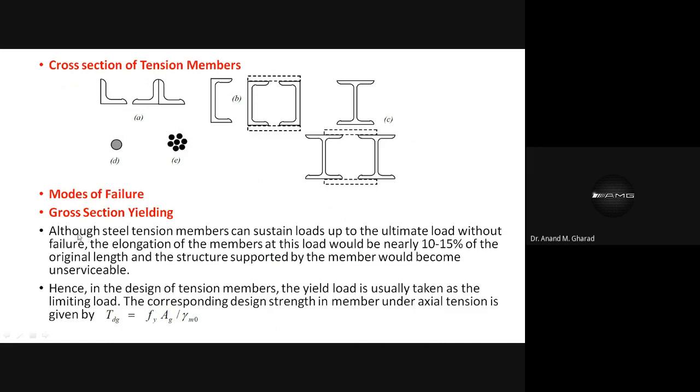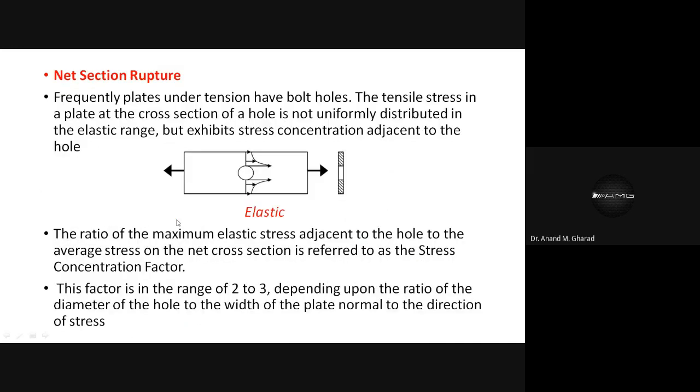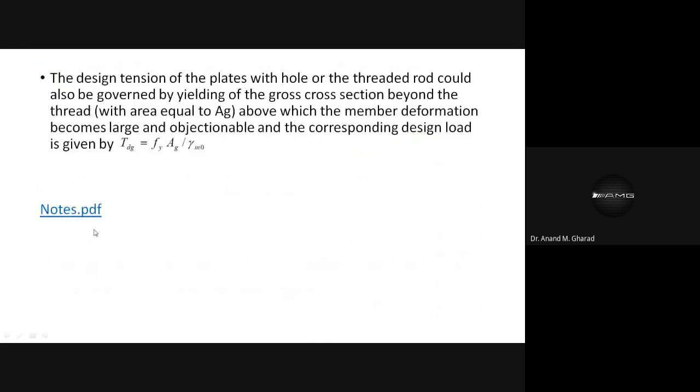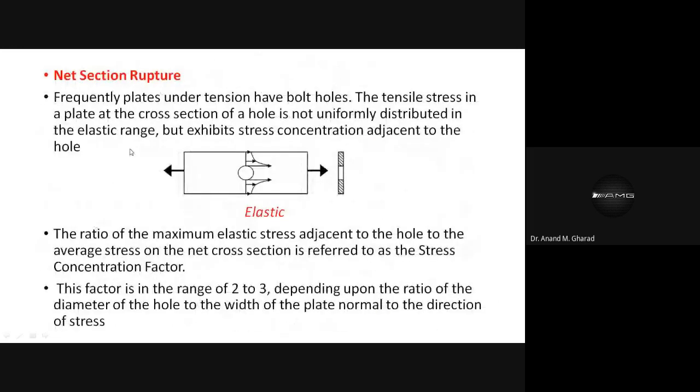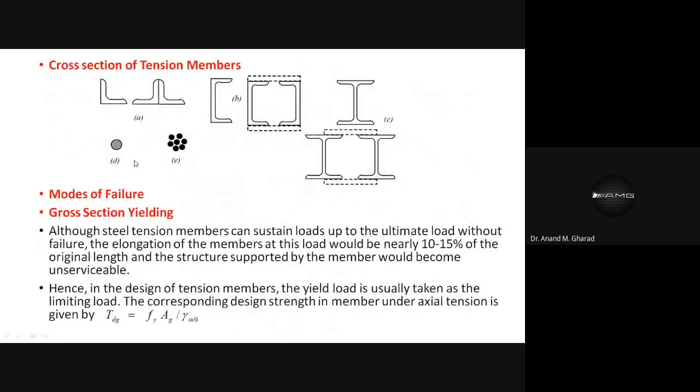Okay, so very broadly, there are three modes of failure: gross section yielding, net section rupture, and block shear failure. These are the three modes of failure associated with the tension member. And you will see, the complete design revolves around these three modes.